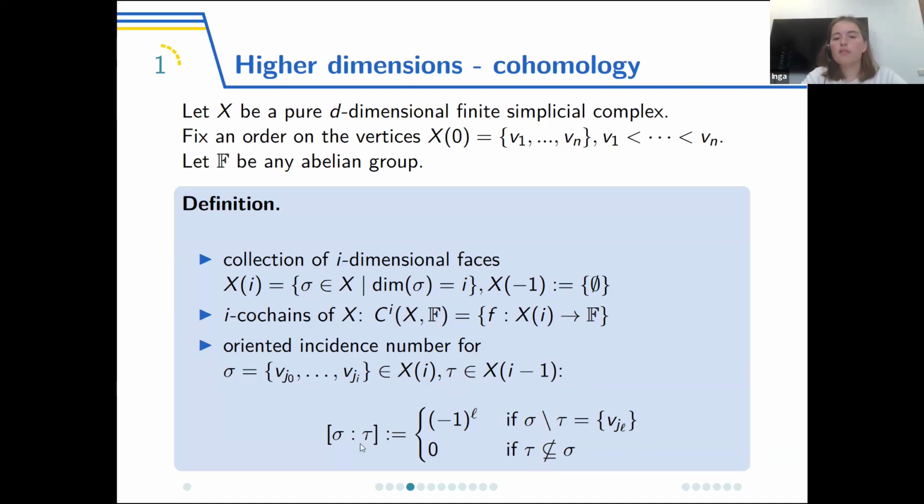Then they're not incident, so this incidence number should be 0. If tau is contained in sigma, then tau is basically sigma with one vertex removed. And depending on the index of the vertex that we removed, this oriented incidence number will either be -1 or 1. It's just a technical tool to implement this orientation.